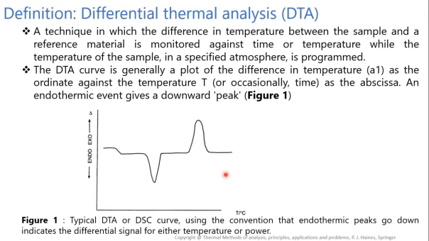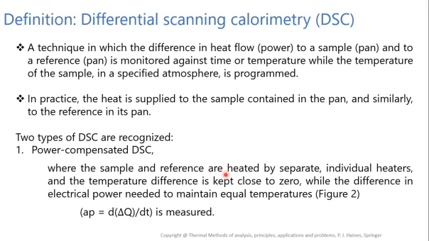Okay, so then next one is differential scanning calorimetry. Differential scanning calorimetry is the technique in which the difference in the heat flow, that is the power, to a sample, that is a sample contained in a pan, and to a reference placed in a pan, is monitored against the time or temperature, while the temperature of the sample in a specified atmosphere is programmed.